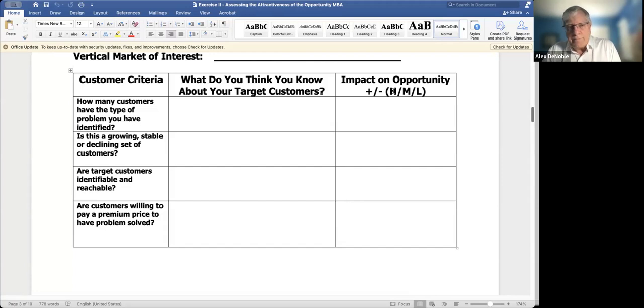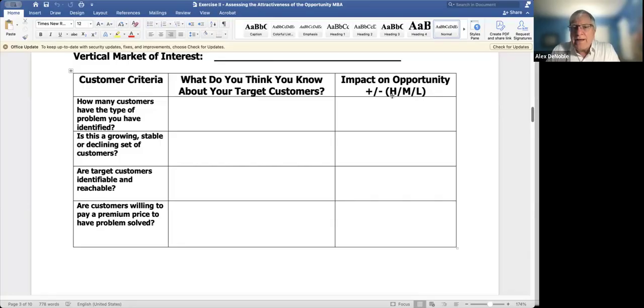But if you're going after a very specific niche market with few customers that have the problem, well, that's going to have a negative impact on your ability to tell the story about your customers, and it'll have a high negative impact if you're really struggling with the customers.